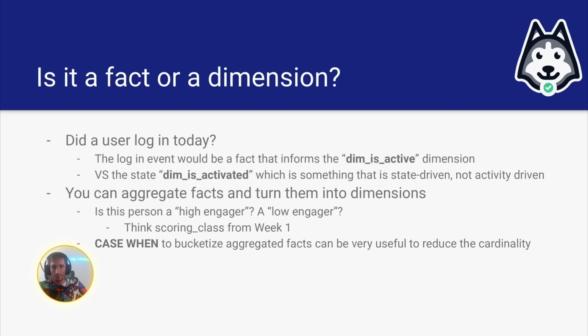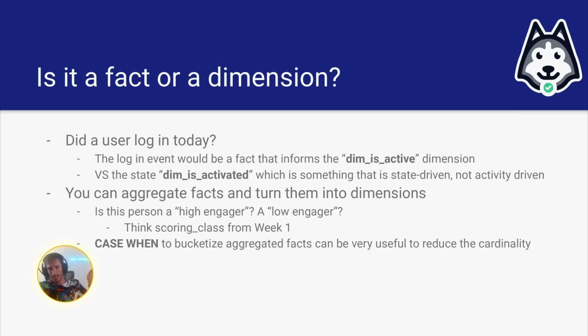Now I want to compare that with this other flag, dim is activated. I don't know if y'all have ever needed to take a mental health break from social media and decided, I'm going to deactivate my Facebook account. You go into the app and deactivate your account, and that puts a flag on your account that you are now deactivated, which is not an aggregation, because it's just one thing.